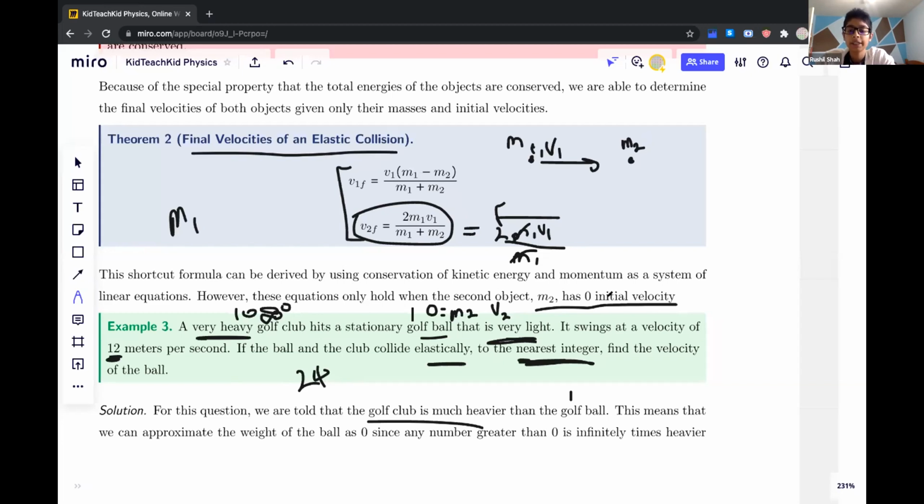So does everyone kind of understand where I'm going, or understand how to do this problem?